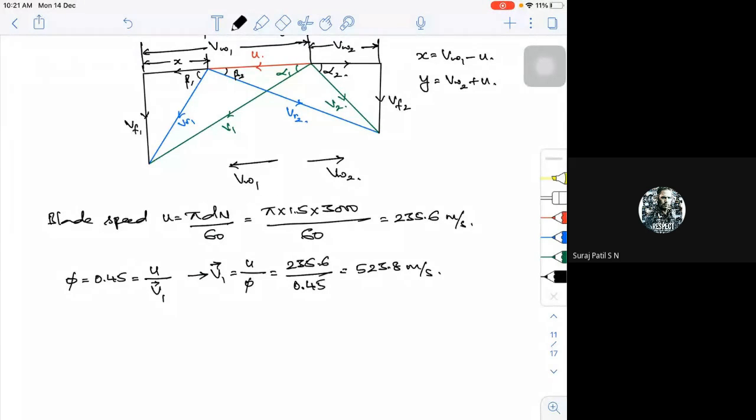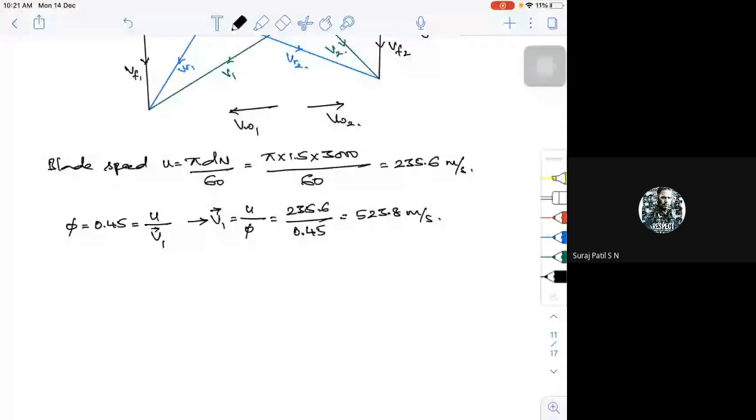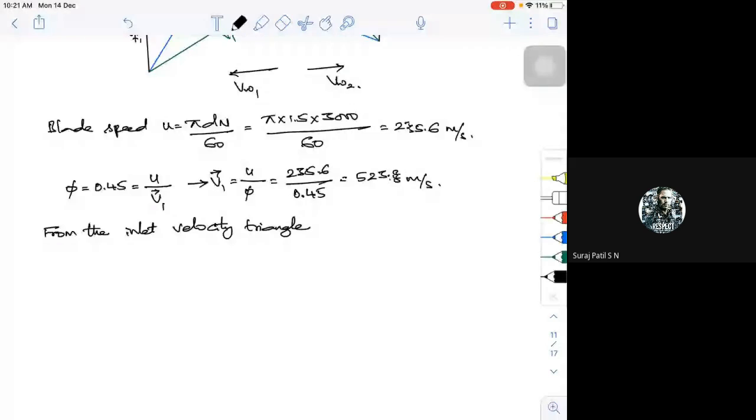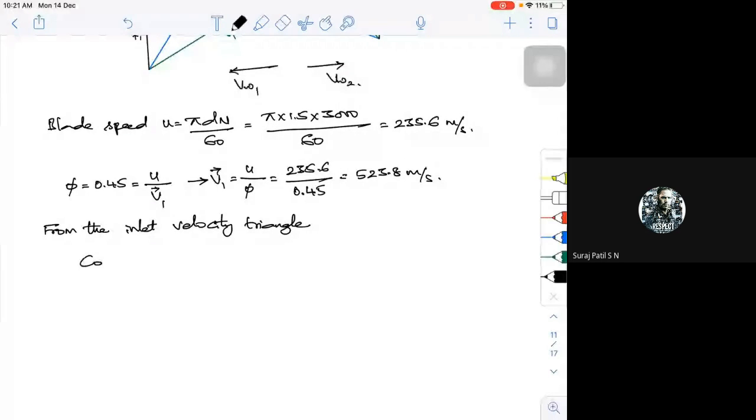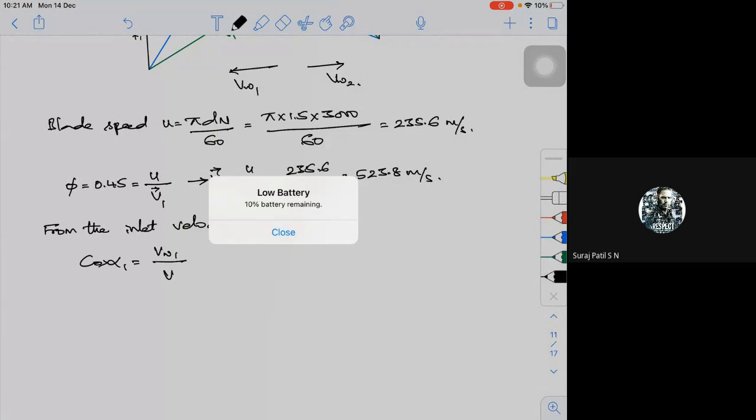Now let us take the inlet velocity triangle. If you consider the inlet velocity triangle, cos alpha 1 is equal to your adjacent, that is VW1, divided by your hypotenuse, that is V1.